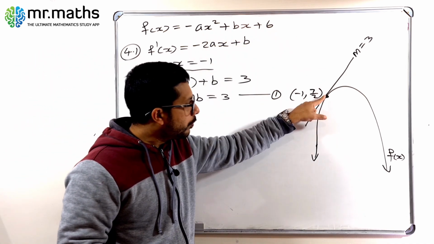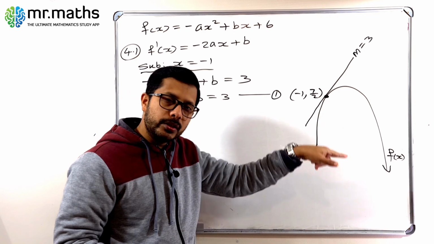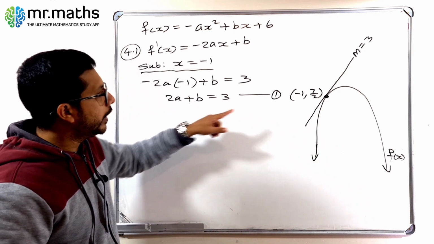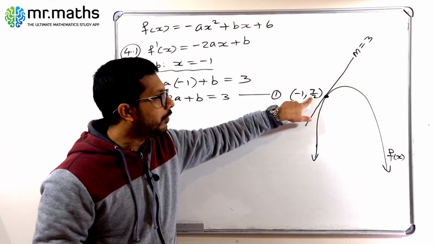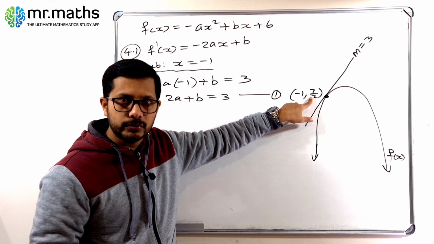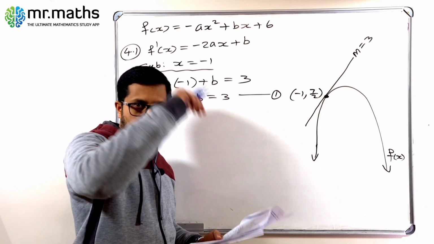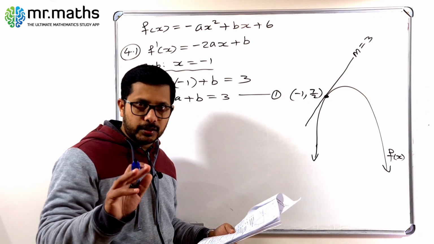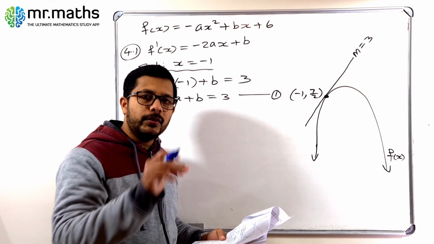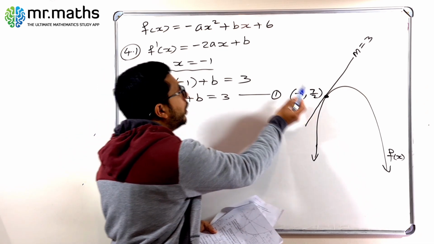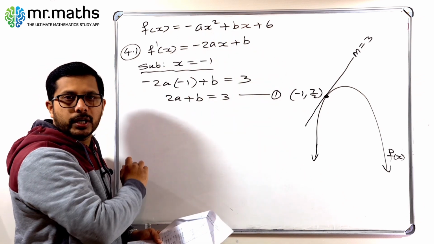Since this point is a point on this quadratic function, we can substitute the x value as minus 1 and y value as 7 over 2. Agreed? So we can substitute the x value and y value in the equation of that quadratic graph.